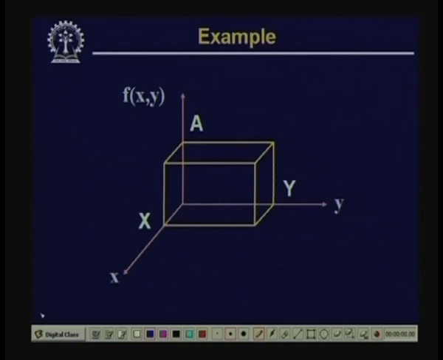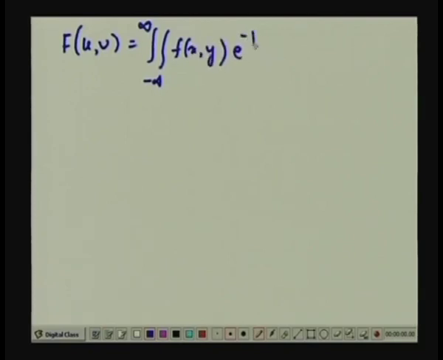So, to compute the Fourier transformation, we follow the same expression. We have said that F(u, v) is nothing but the double integration from minus infinity to infinity of f(x, y) e to the power minus j 2 pi (ux plus vy) dx dy.